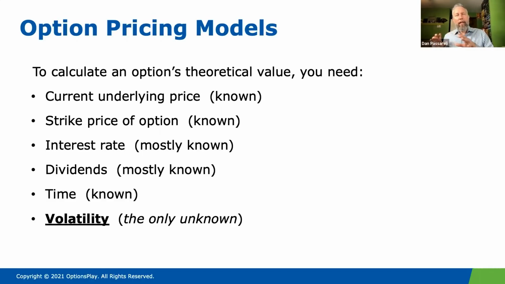And the higher this implied volatility goes, the higher the price of the option goes. And the lower this implied volatility figure goes, the lower the price of the option.